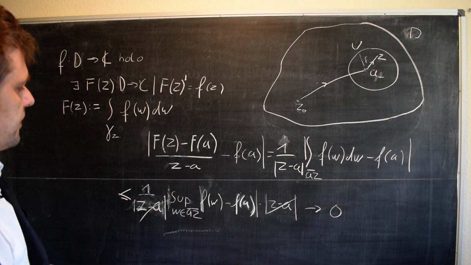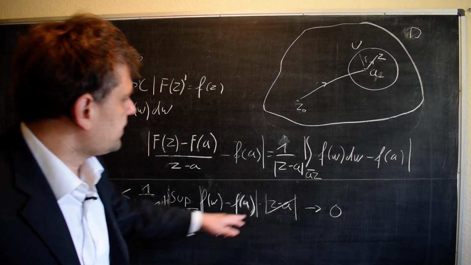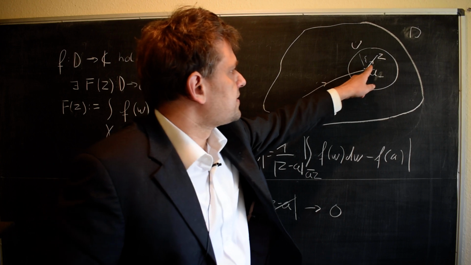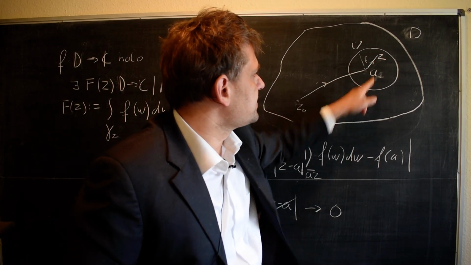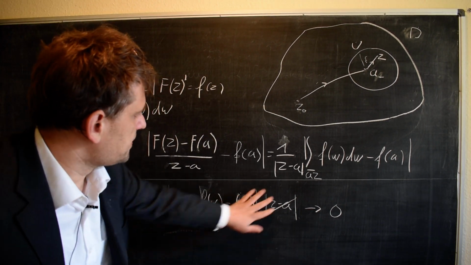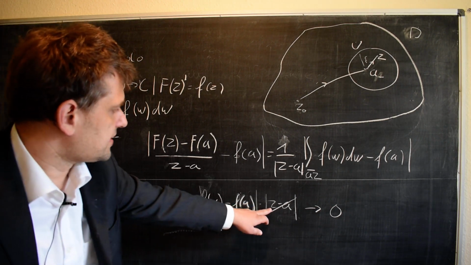And of course this has length |z minus a|, so this comes from the ML inequality, and this cancels with this.